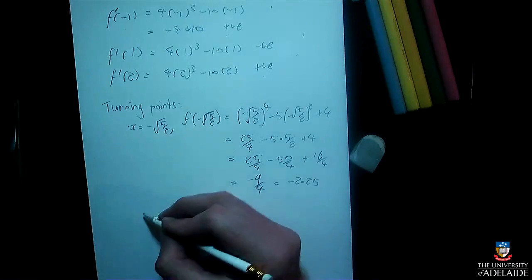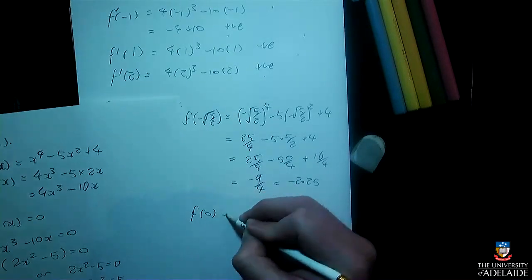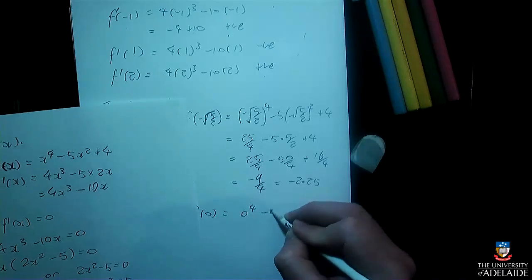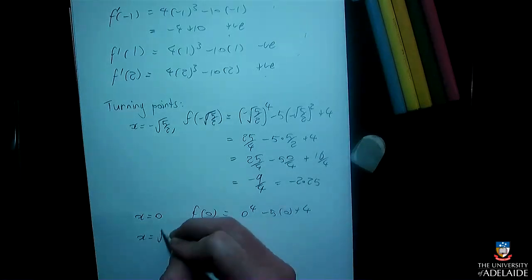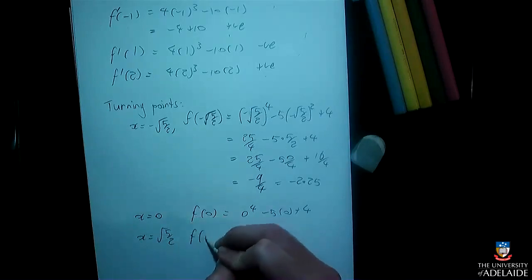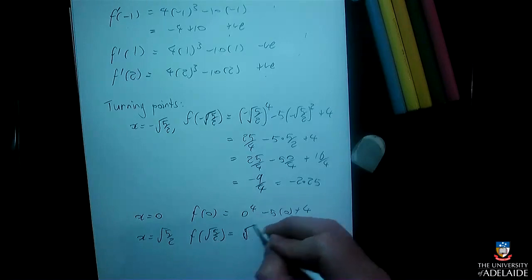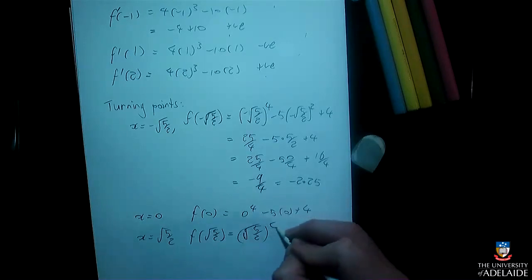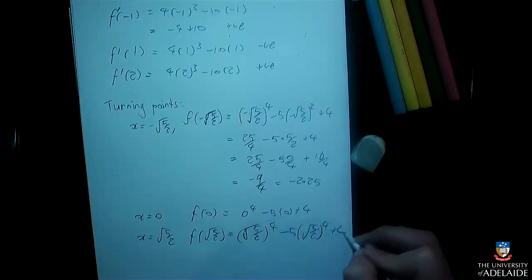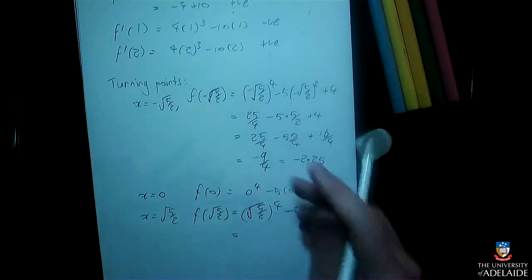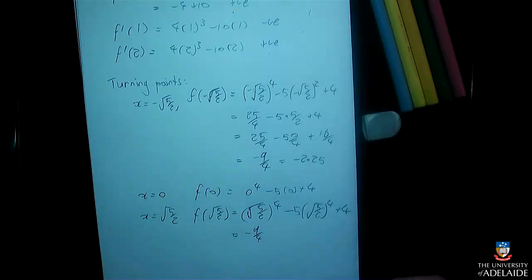Okay, x equals 0. F of 0 is 0 to the 4 minus 5 times 0 plus 4. And x equals plus root 5 on 2. Root 5 on 2 to the 4 minus 5 root 5 on 2 squared plus 4, which would be the same answer we had before, because the minuses behave the same way inside the powers of 4.